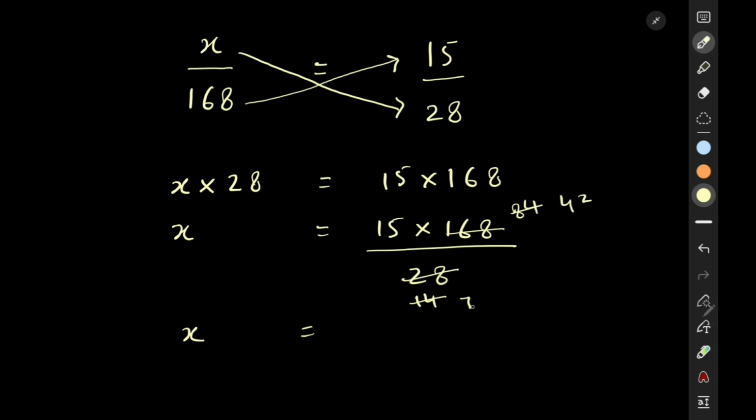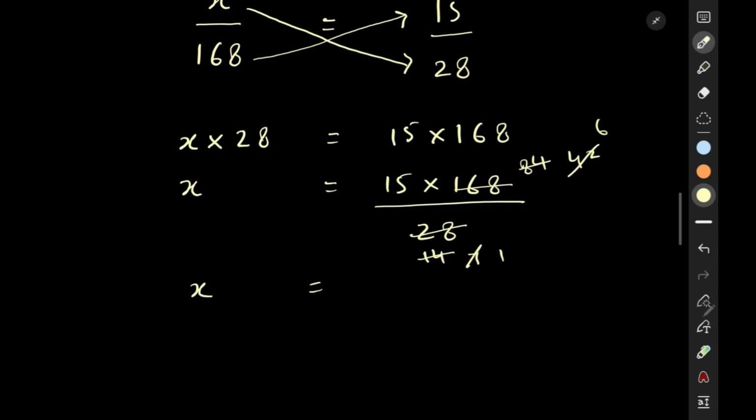Again by 7. 7 1 time and 7 6 times. So here the value is 6 multiplied by 15. 6 15 times gives 90 kilometers.